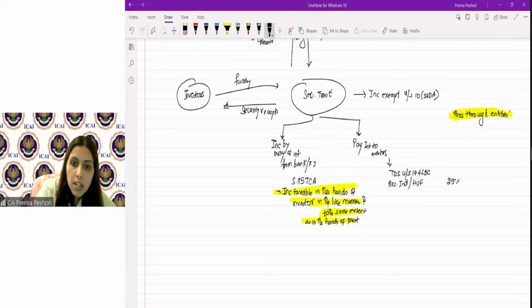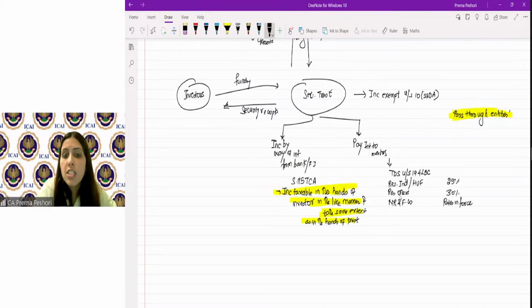For other resident others, it shall be 30%, the rate of TDS. And for the non-resident and the foreign companies, it shall be at the rates in force.